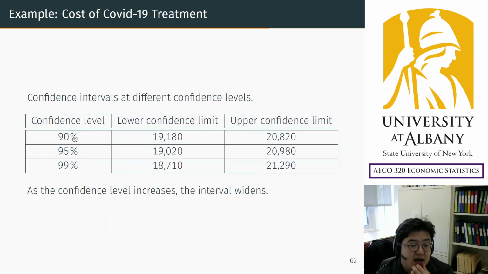So that means a higher confidence level requires a larger margin of error, so your confidence interval will be wider. That is natural. This is the underlying trade-off that I have been talking about for confidence intervals. As you see, the lower confidence limit goes down as you increase the confidence level, and the upper confidence limit increases as you increase the confidence level, right?